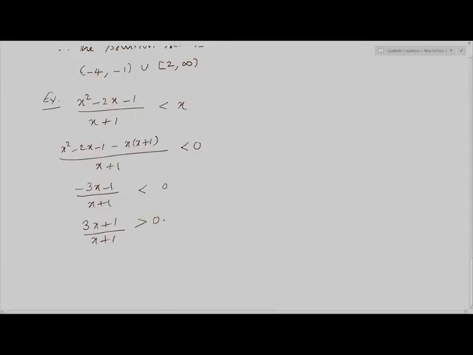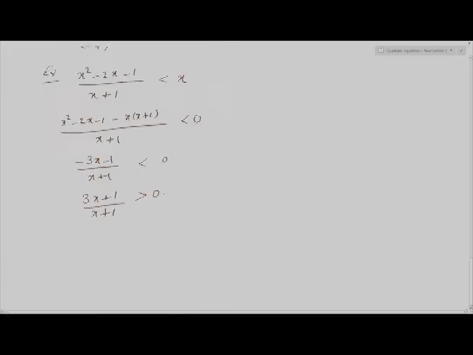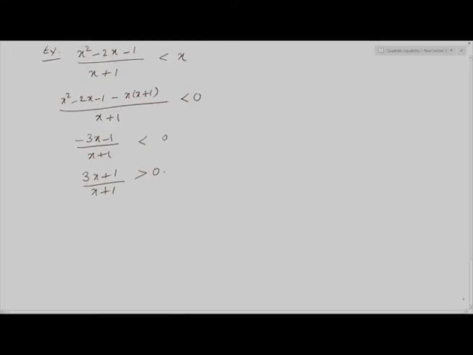So now we are ready to write the solution. We can draw again the sign graph. So at x is equal to minus 1, we put the 0 and put the plus sign on the right side of that, and on the left side you put the negative signs.